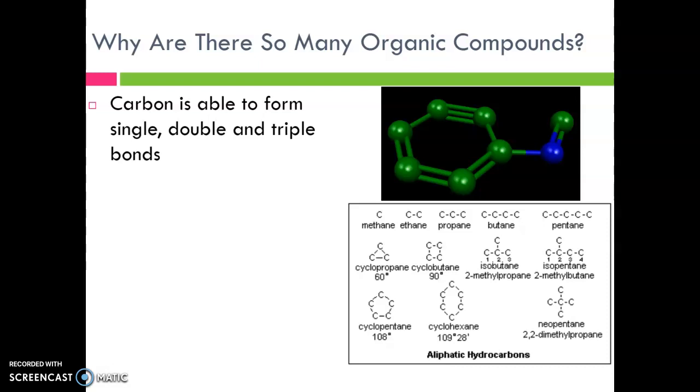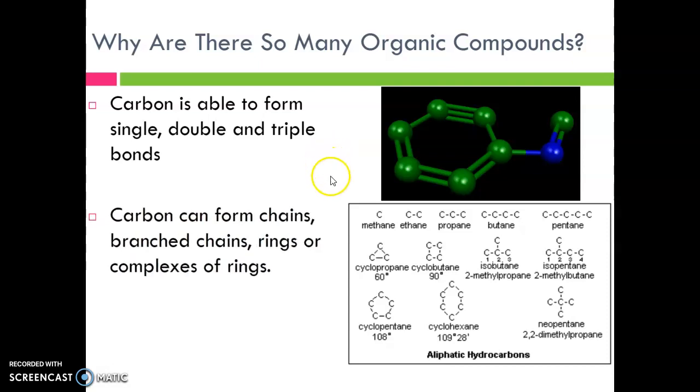With that, carbon can form chains, like methane, ethane, propane, butane, pentane. Those are all chains of carbon. It can form branched chains like isobutane, isopentane.